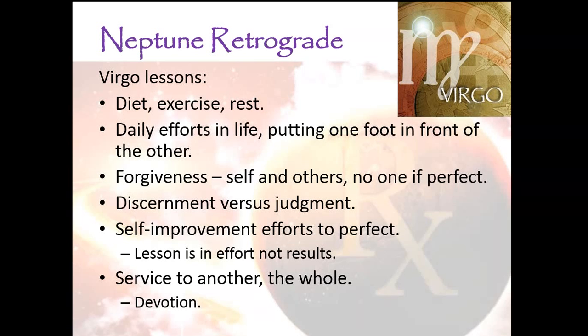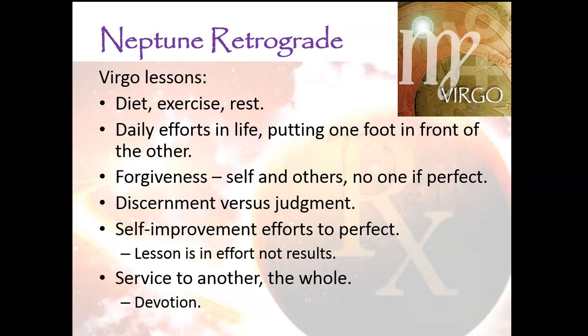Again, the depression, the disillusionment, nothing like diet, exercise, and rest, meditation, Tai Chi. Those are the things that can bring us a sense of being okay as we're in the void.